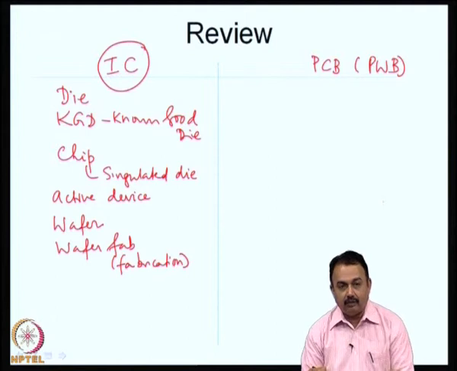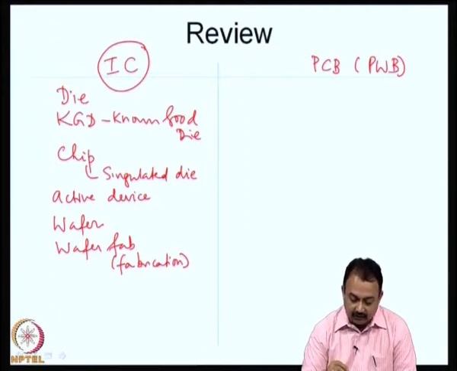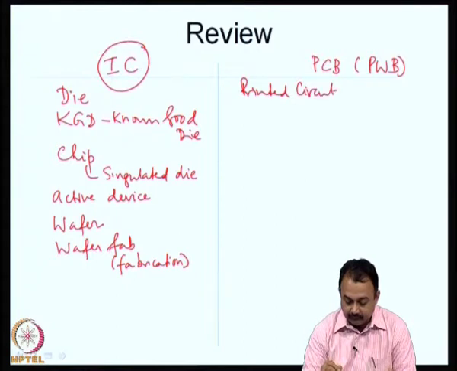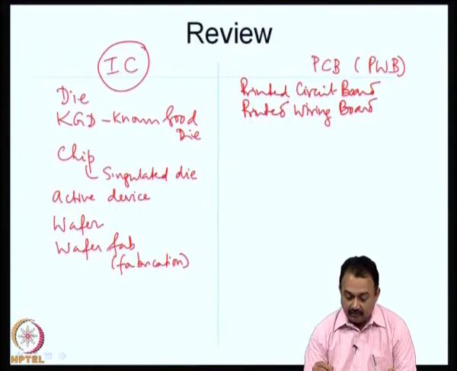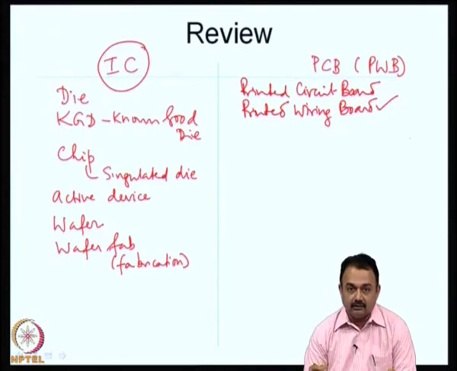Now, coming to printed circuit board or printed wiring board, I told you in the middle of the last chapter that these two terms, printed circuit board and printed wiring board, are used interchangeably. So, you can write it as printed circuit board, or you can call it a printed wiring board. Basically, if the board is processed, then you call it a printed wiring board, because you are replacing wires with copper conductors.